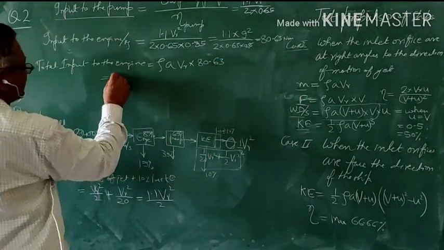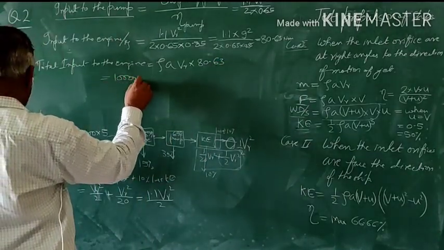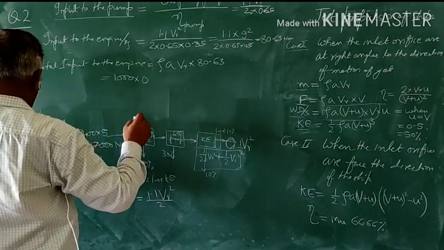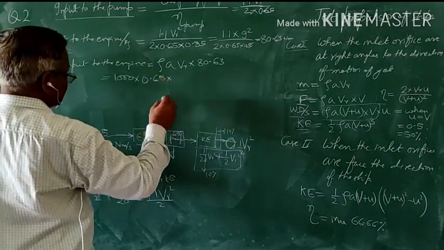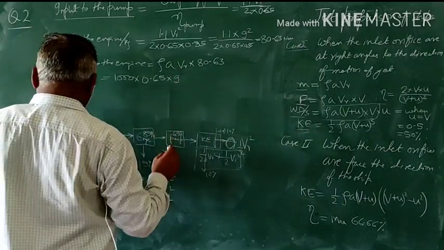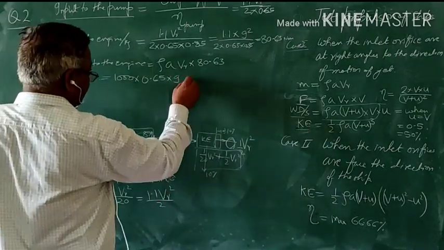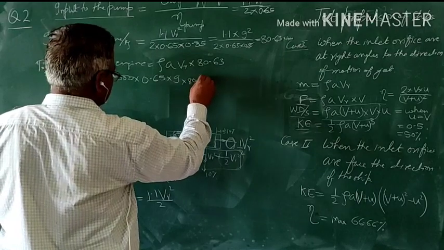So we will substitute the values. 1000, area was given as 0.65, multiplied by velocity Vr was 9 meter per second, multiplied by 80.63.